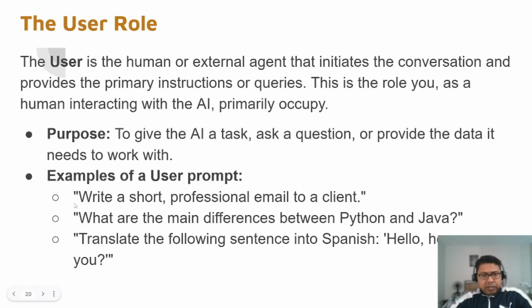We are typing to ChatGPT: write a short professional email to a client. So this is the user role, meaning the user is asking ChatGPT or generative AI to write a professional email. What are the main differences between Python and Java? Translate the following sentence into Spanish. So these are user roles, meaning these are asked by someone outside of this LLM.